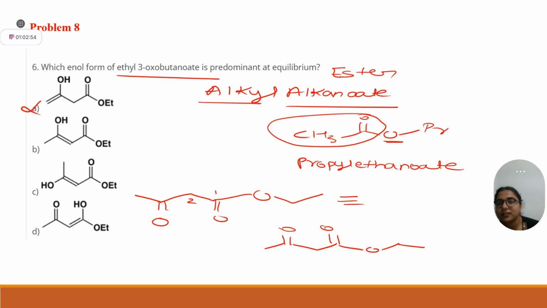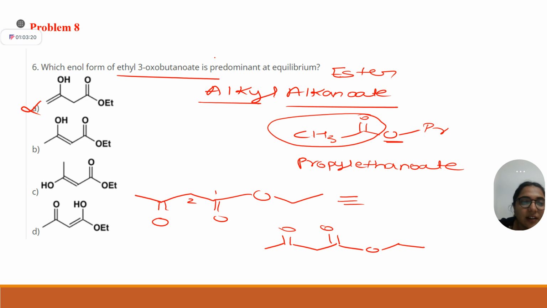Only E/Z, right? In B it is cis and in C it is trans. See, cis-trans you can tell when they have groups like A, B, A, B, right? But in cases where all four are different groups, it is better to use E/Z, right? In terms of E/Z, tell me, is B E or Z?